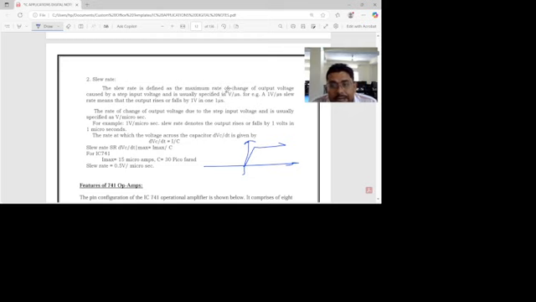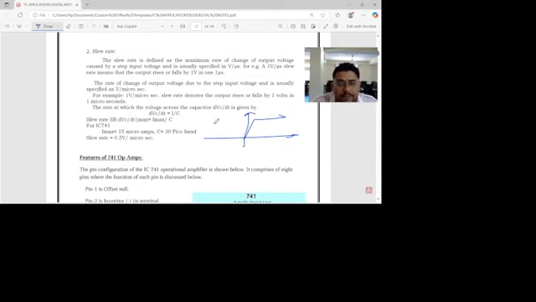So the maximum rate of change of the output voltage with respect to the change in input voltage, due to a step input voltage, is usually specified in volts per microsecond, for example 1 volt per microsecond. This is the unit of the slew rate.